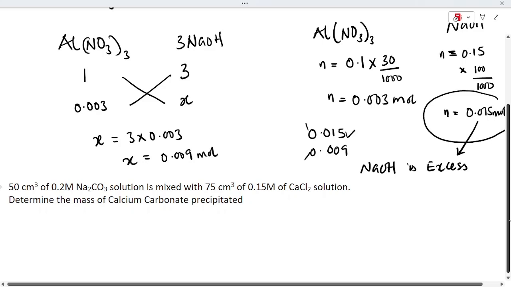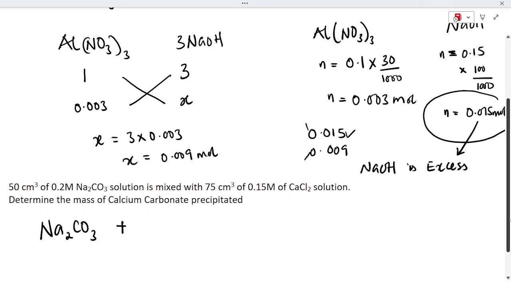So once again, our equation of reaction, sodium carbonate reacts, not produces, reacts with calcium chloride.